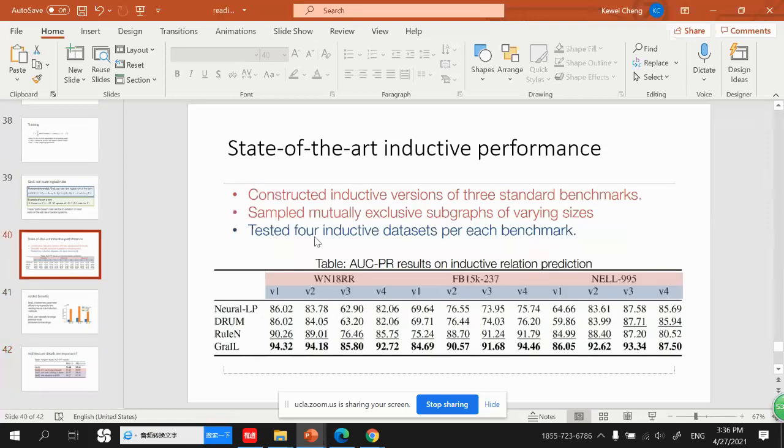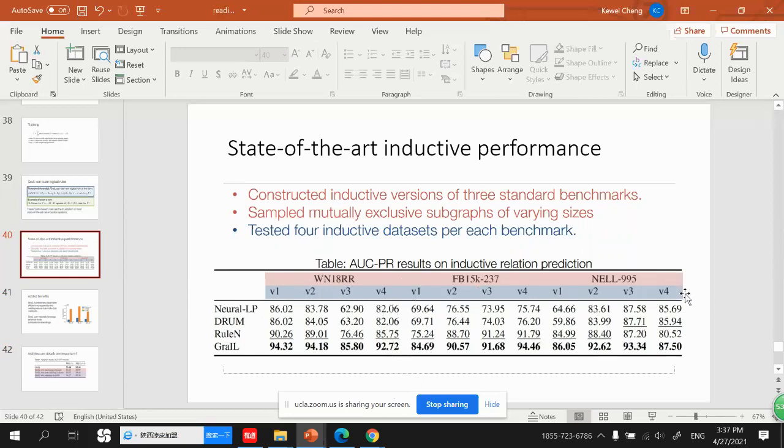Oh, here V1, V2, V3, and V4 are just 4 different versions of the inductive graph constructed based on the different datasets. They're just trying to show that their method is robust enough to handle different settings.